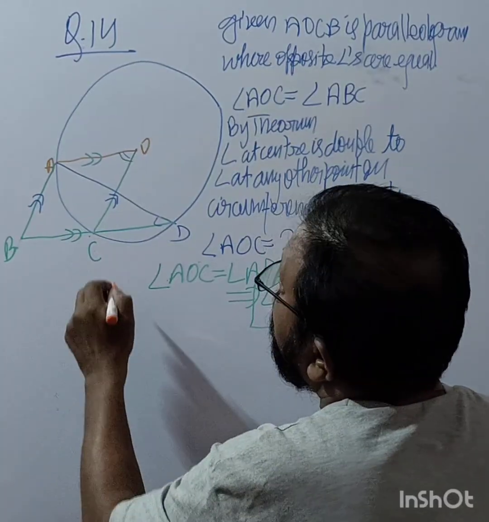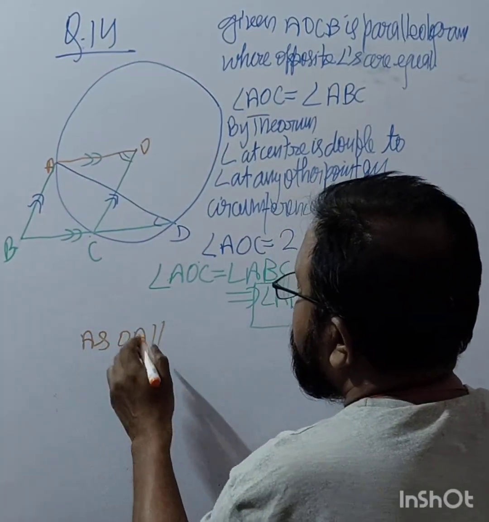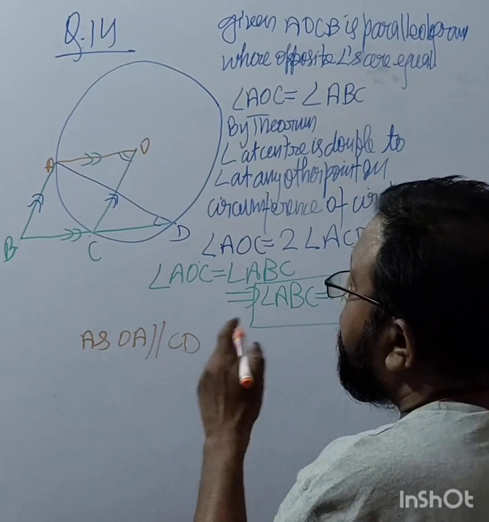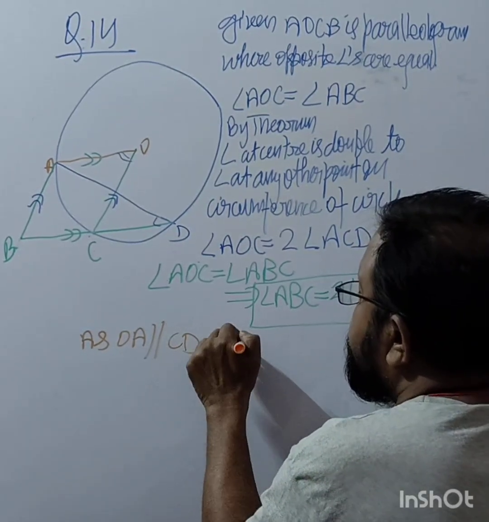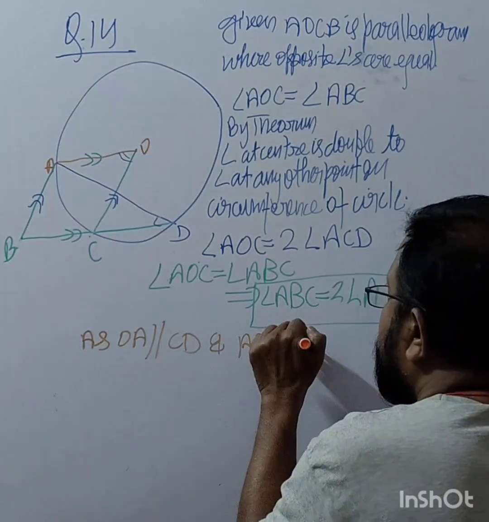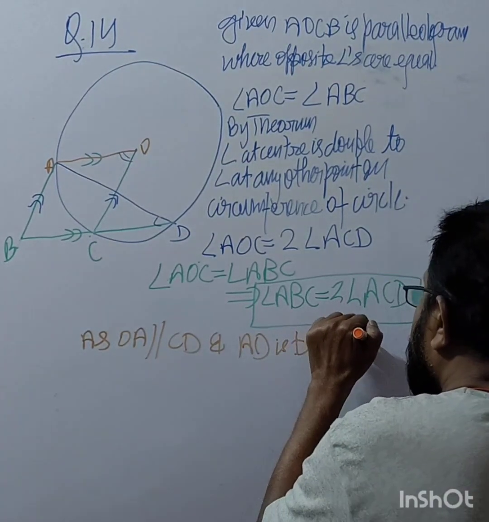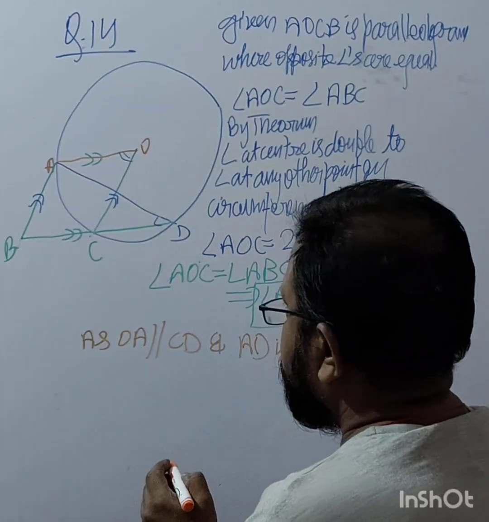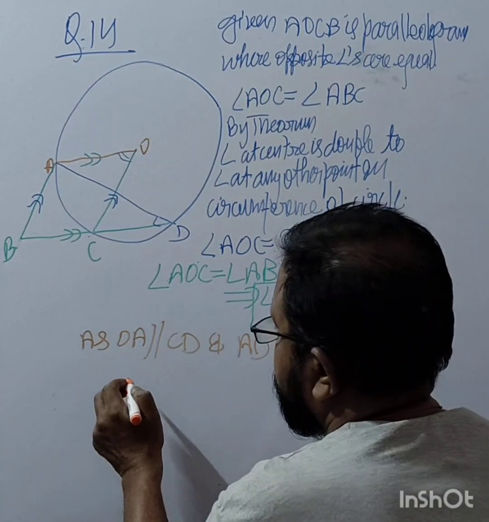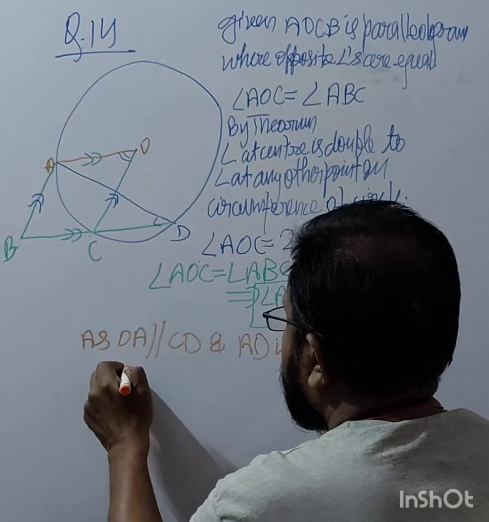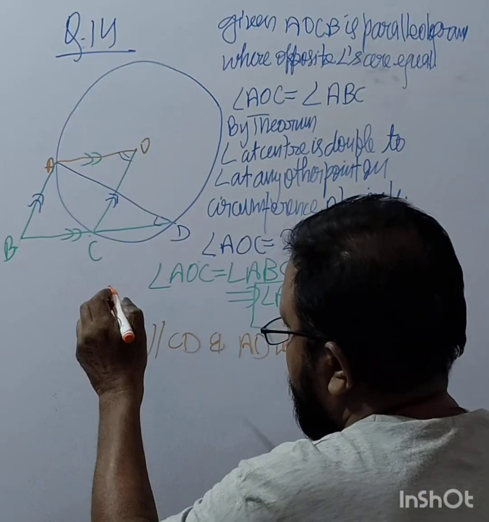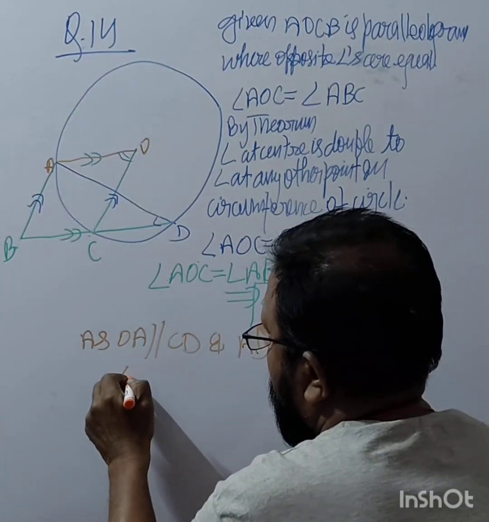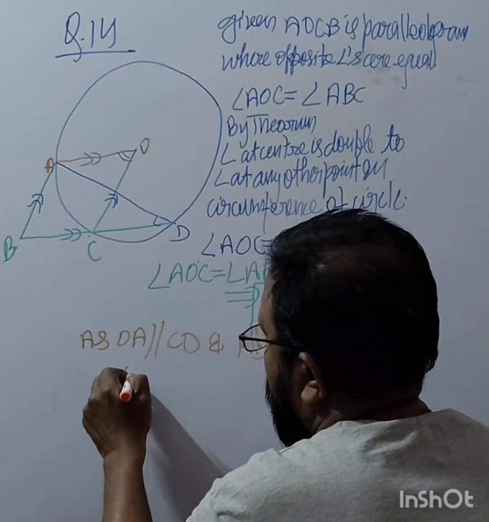As OA is parallel to CD and AD is transversal, right? So what happened?